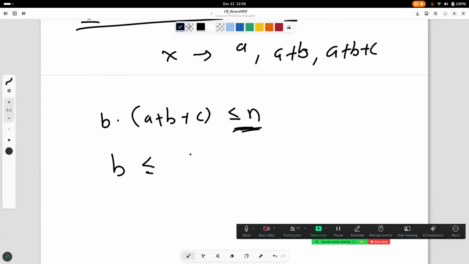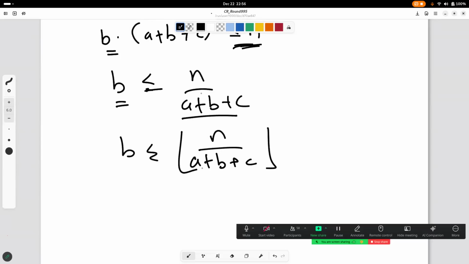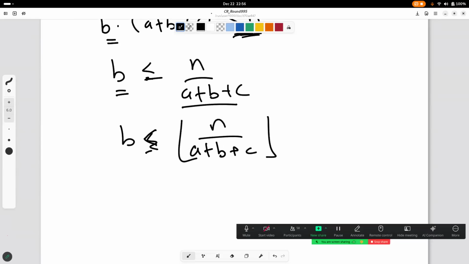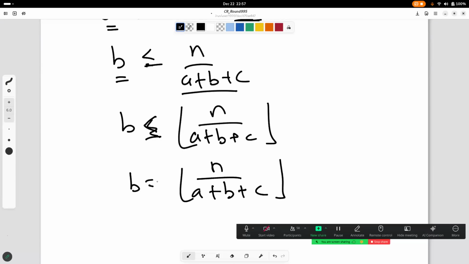Then you can derive the maximum value of B. Since B is an integer, the number of blocks, B is less than or equal to the floor of N divided by A plus B plus C.